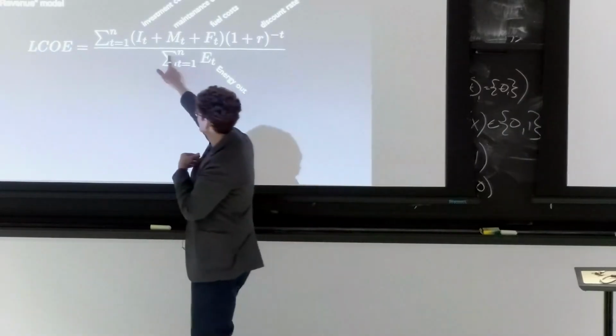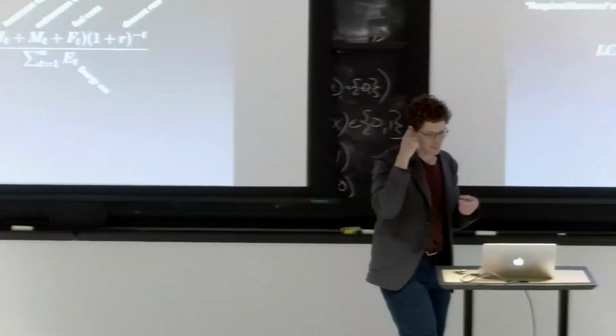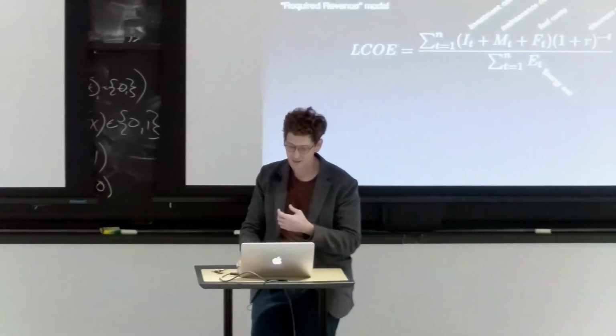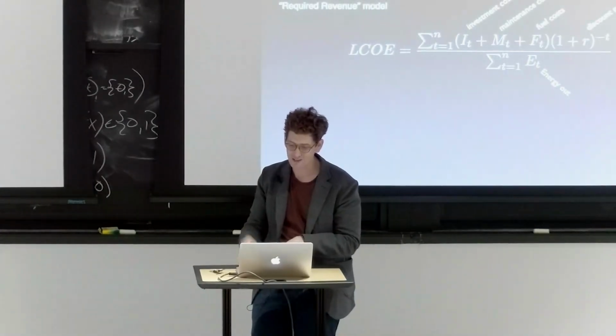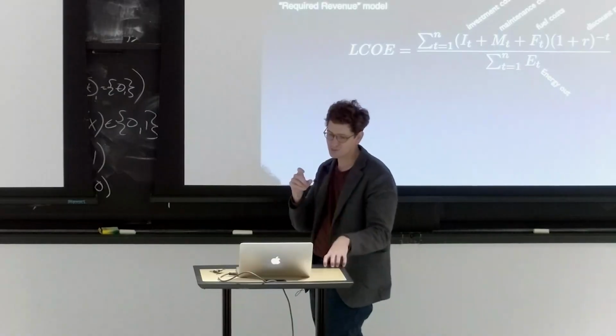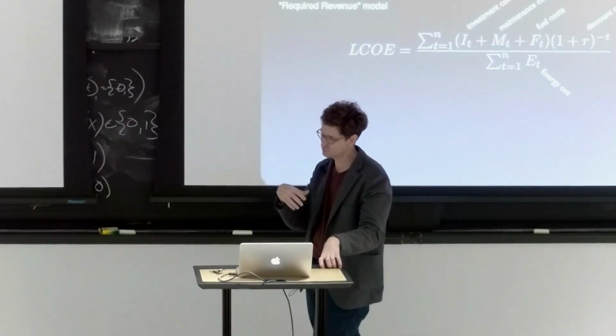Sometimes you see this discounted. They actually discount the energy itself. That is a formulation rooted in investment analysis, and it assumes that the value of energy can be moved around in time, like other products. You could consume it today or you could consume it tomorrow.